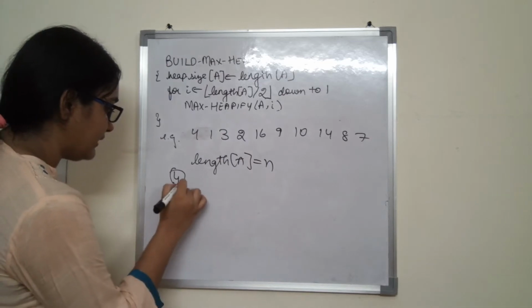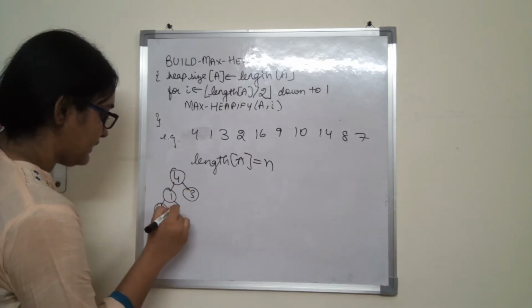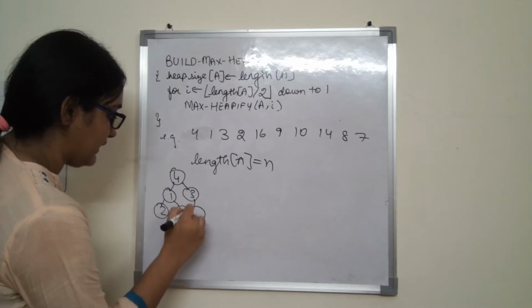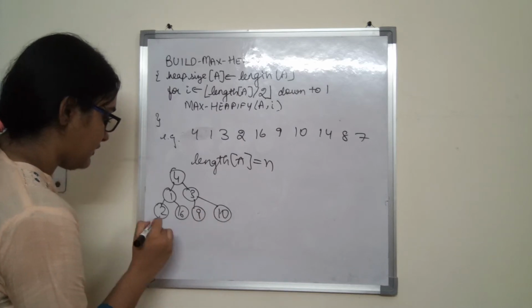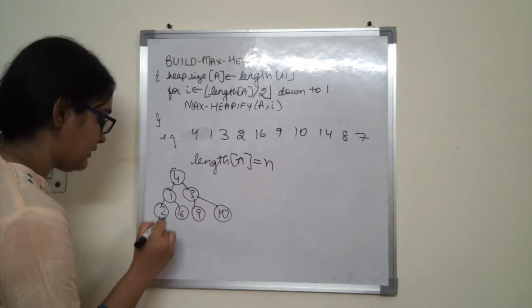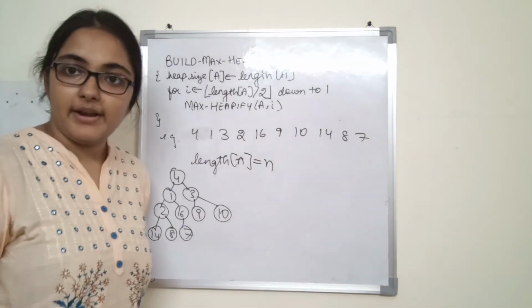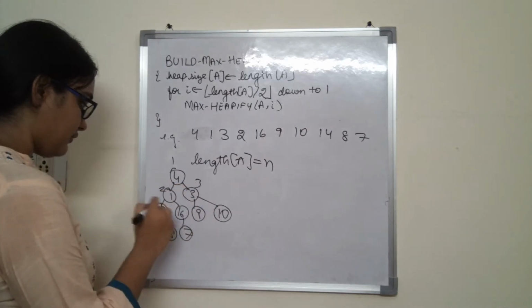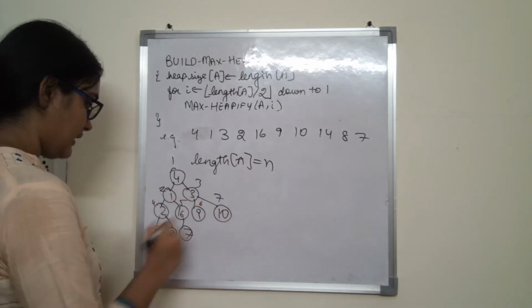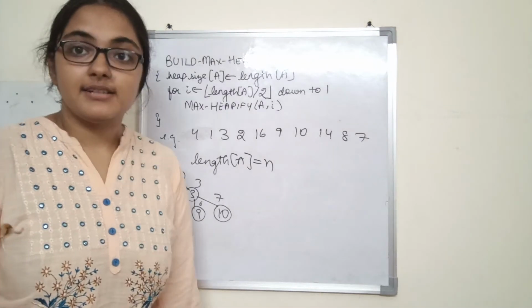The array is 4 1 3 2 16 9 10 14 8 7. Alright, what are we doing? Positions 1 2 3 4 5 6 7 8 9 10. So there are 10 nodes, right?